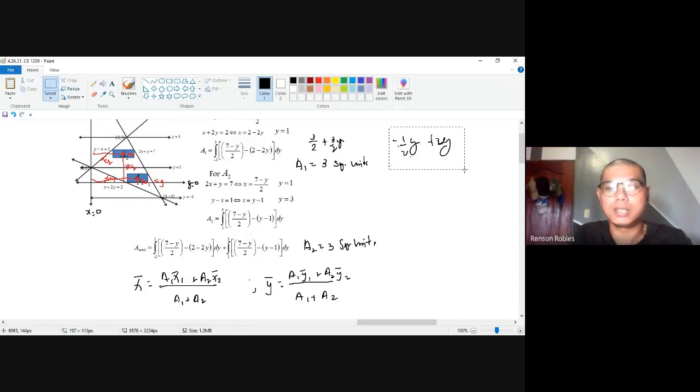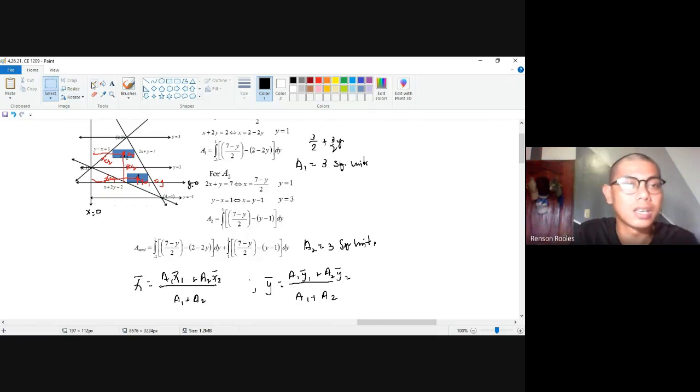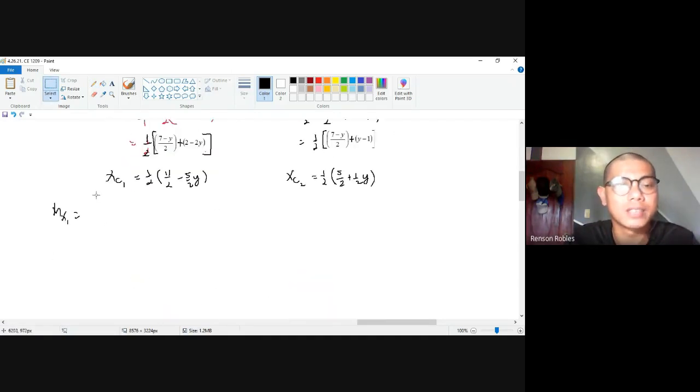So, ito na yung gagamitin natin. Kasi ito ay equal sa, kasi hindi na natin ito na-simplify. Integral from negative 1 to 1, 3/2 plus 3/2 y. So, yan yung gagamitin natin. 3/2 plus 3/2 y. Negative 1 to 1.